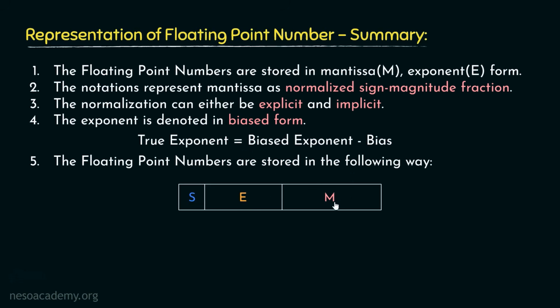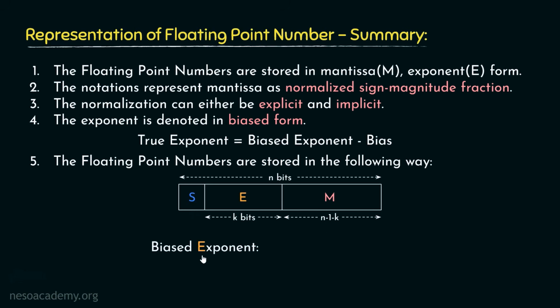And finally, the last field will be dedicated for the mantissa part. Therefore, if we specify n bits for the storage of the floating point numbers and say for the exponent field we are using k bits, in that case, the mantissa field will be of n minus 1 minus k. Now why this one? Because the sign bit is taking up the first bit place, isn't it?